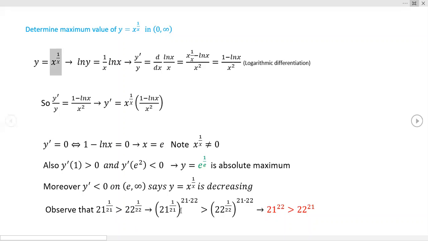Now, the thing that really makes this work is this exponential trick: raise everything to the 21 times the 22 power, whatever that number is, we don't care. By laws of exponents, this 21 right here will cancel with this 21 right here, and so this expression evaluates to this neat looking 21 raised to the 22nd power.